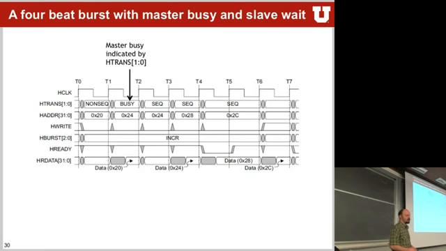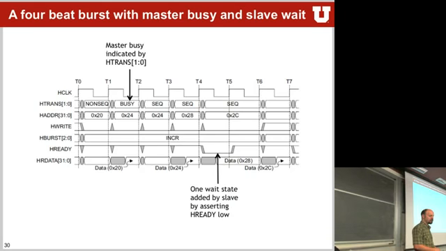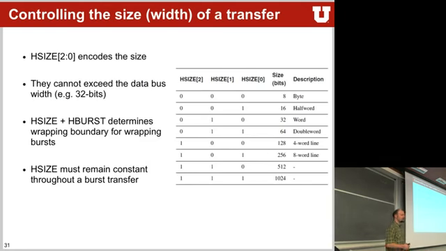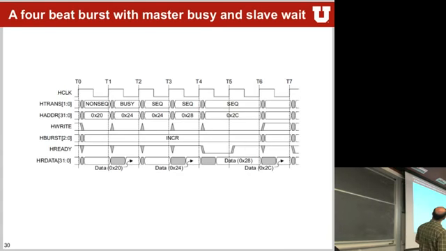And there are a lot of different bursts. So, yes? In the previous slide, the non-sequence, busy and sequence are related to the others. Busy basically just told the slave that, wait, we will repeat this again. Non-sequence means it's not related to what happened before.